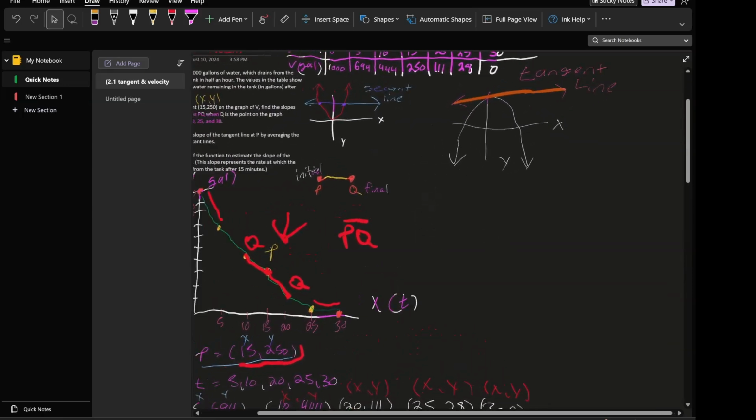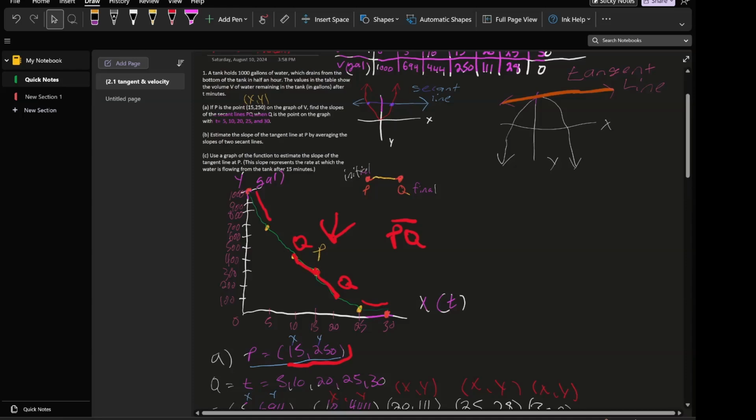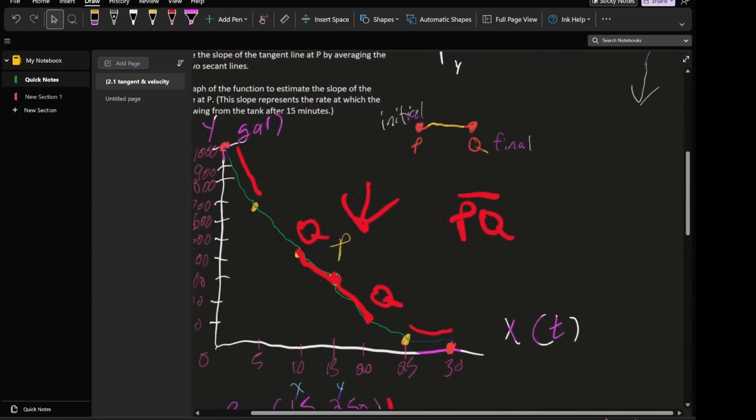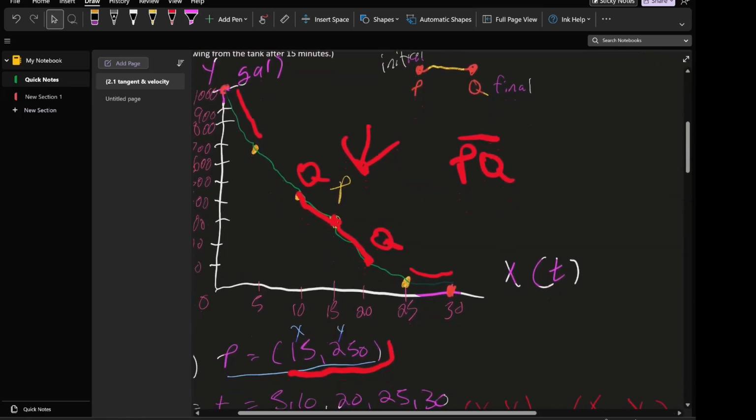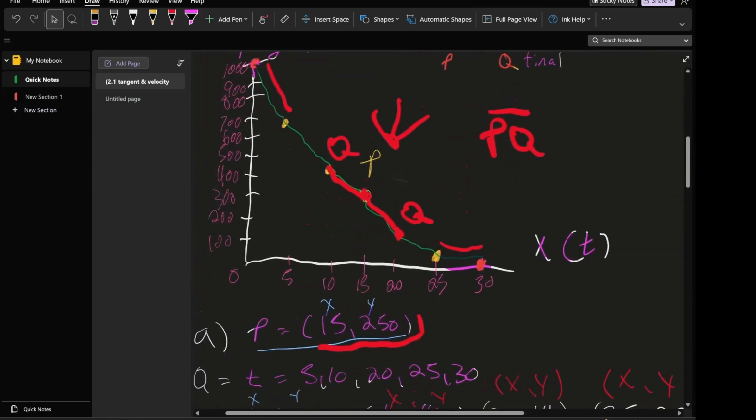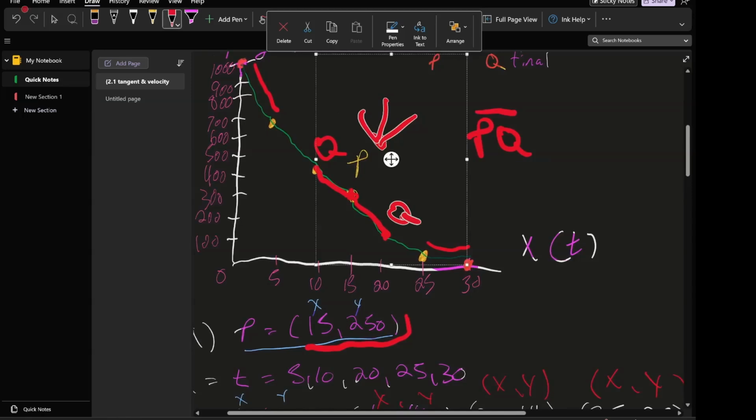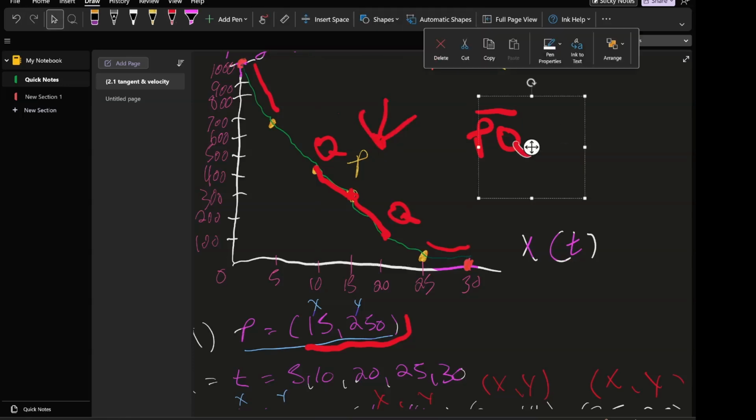Now, part C is asking to use a graph to estimate the slope of the tangent line at this point. And since you're using the graph, I just rounded the numbers. This 444 gallons, I rounded that to 450 at time of 10 minutes. And I rounded the 111 gallons to 100 gallons at 20 minutes.